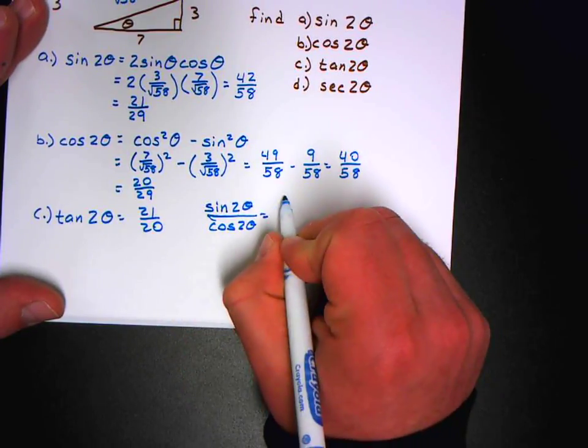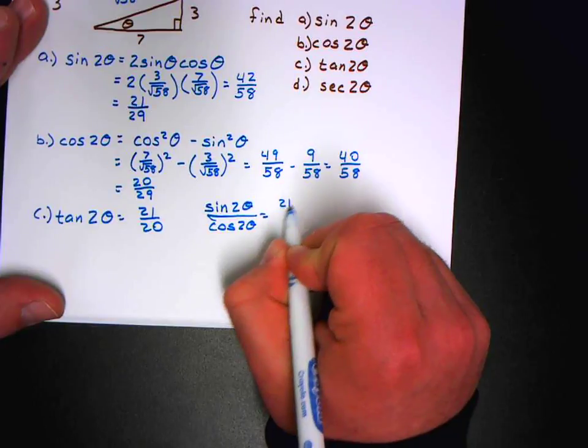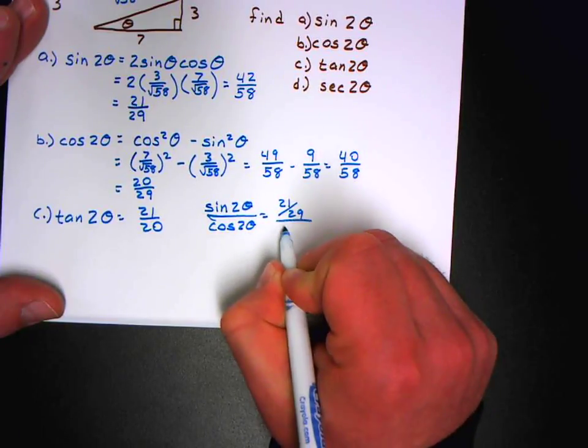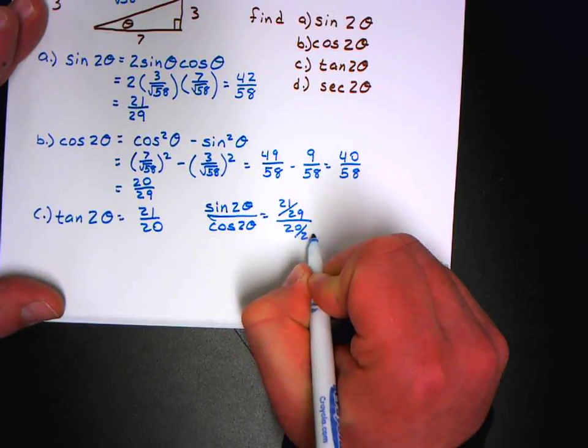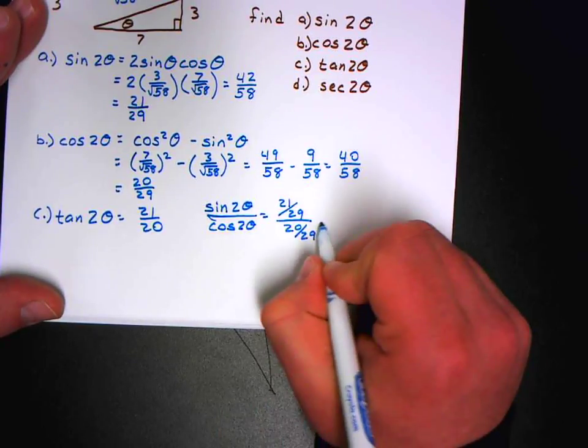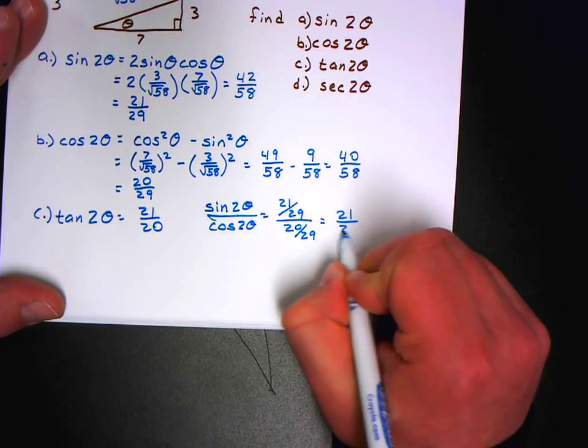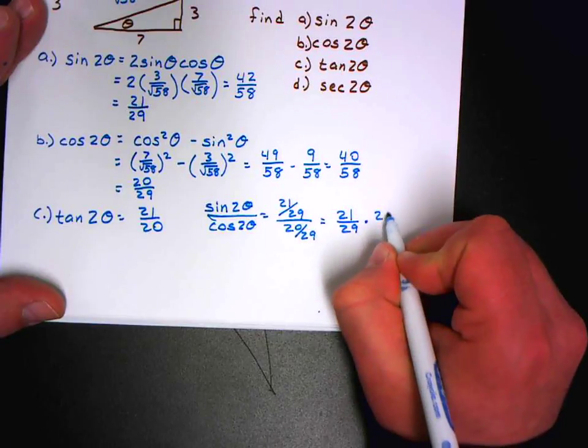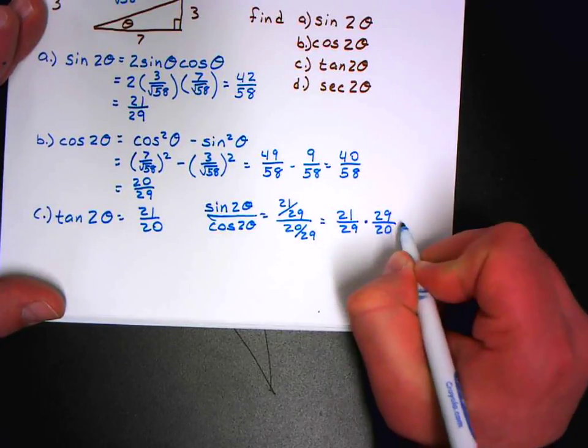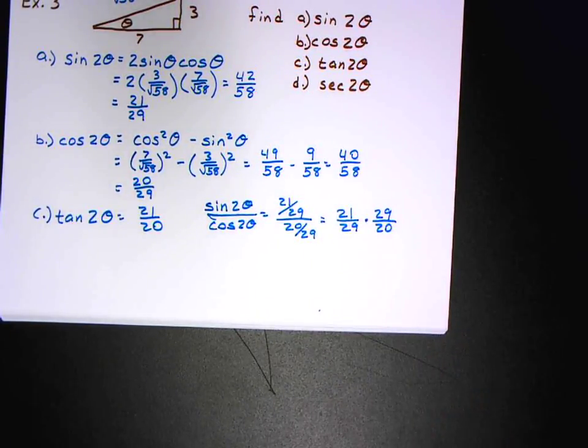So I just take my answer for my sine divided by my answer for my cosine. So that's 21 over 29 times 29 over 20, which is 21 over 20.